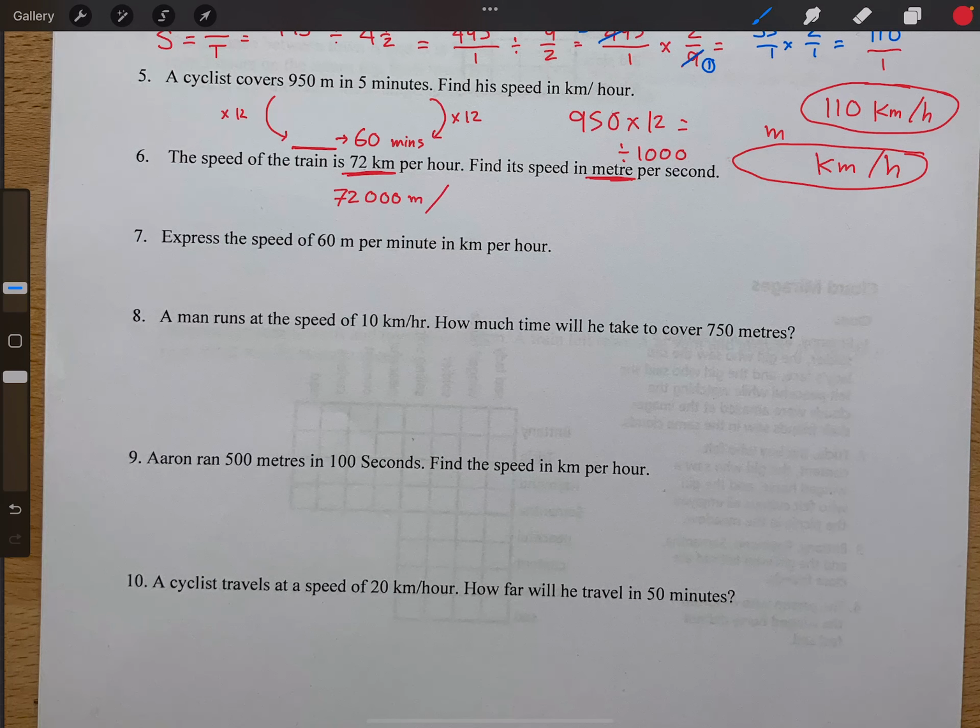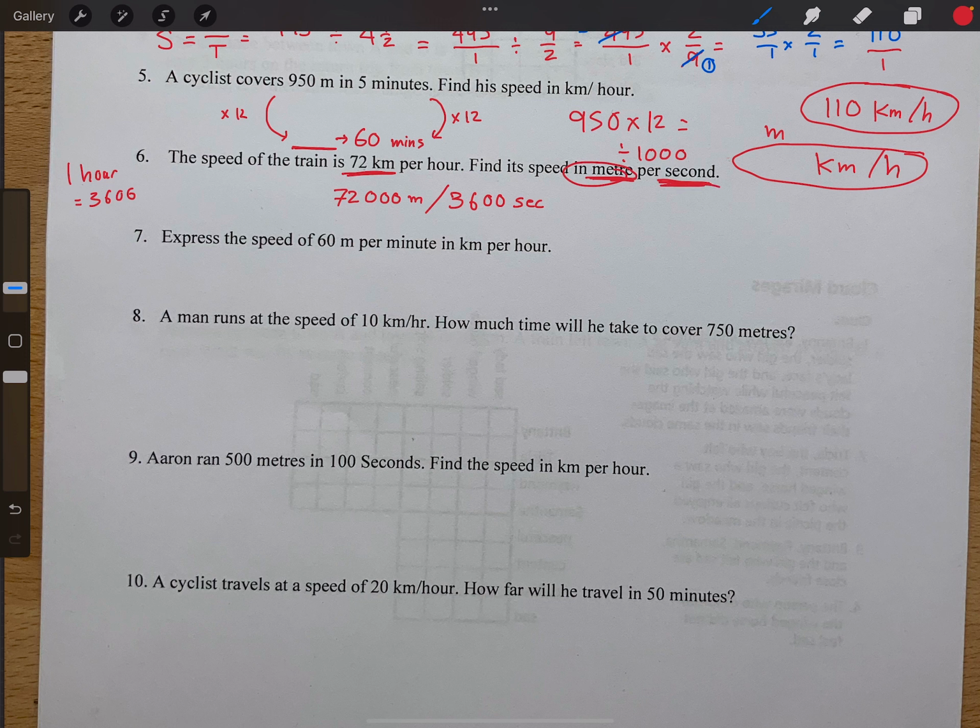Now, instead of per hour, I want to change it to per second. Now, we know that 1 hour is equal to 3,600 seconds. So we're going to put 3,600 seconds. We change it to the correct unit first. Now I want to know how many meters I get in 1 second.